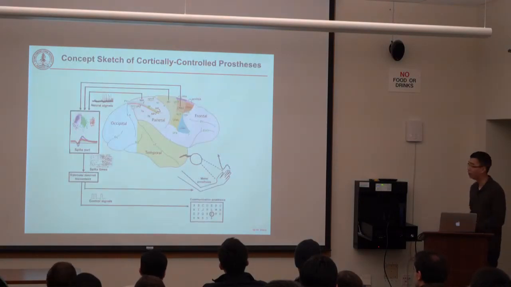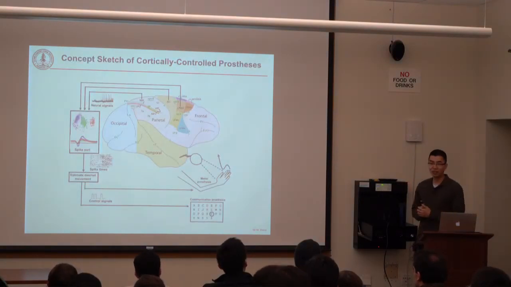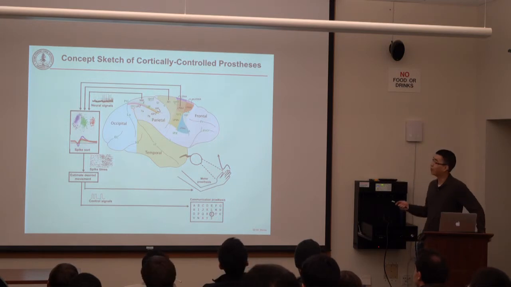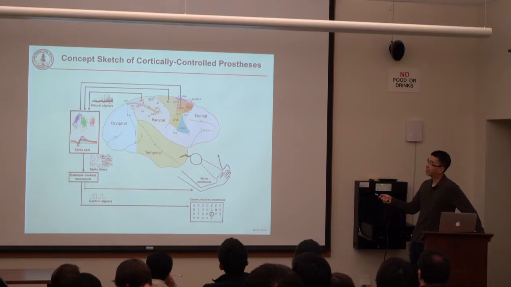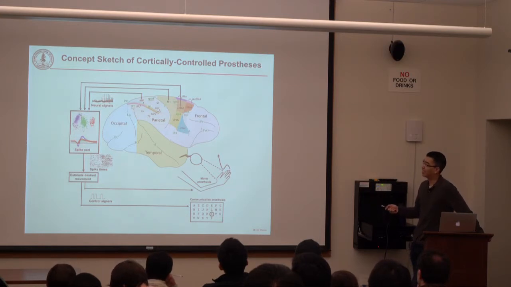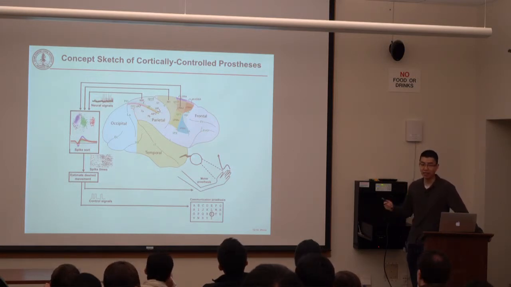All right, so this is a block diagram that we'll use for the rest of class. This is your basic brain-machine interface, or motor prosthesis, or neural prosthesis. And what we have here is a brain. This is actually a monkey brain, not a human brain. But you can see that there are many different areas of the brain, and we'll dive a bit more into what these different areas are.